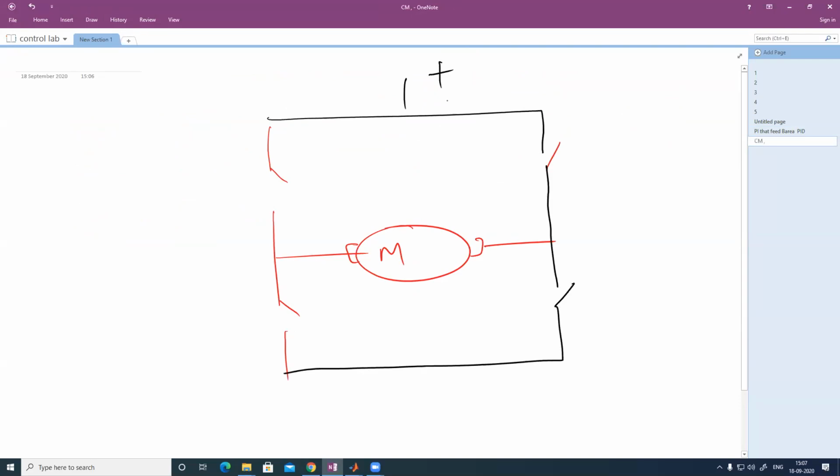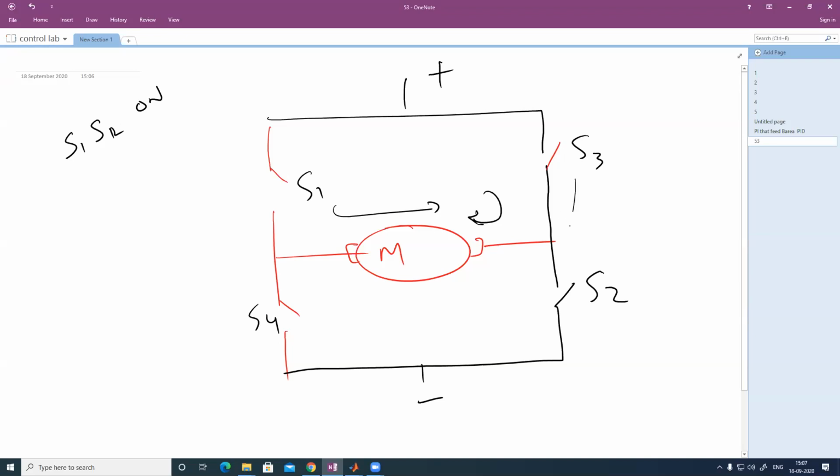Here it will be plus and here it will be minus, and this is switch S1 and S2, S3, S4. At any instant S1, S2 can be on, then the current direction is this one, and the motor rotates this side, and with S3 and S4 on, this is the current direction, and the motor will rotate in the opposite direction. This we discussed last time.